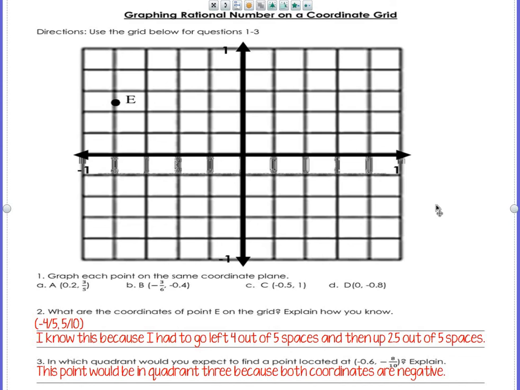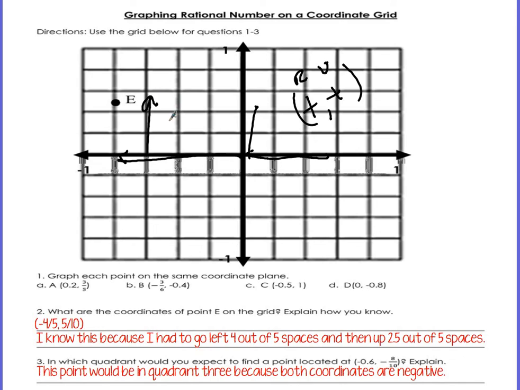There we go. All right, so here in quadrant 1, everything's positive. So this is positive, positive, because I go to the right and I go up. Quadrant 2 is going to be negative and positive.